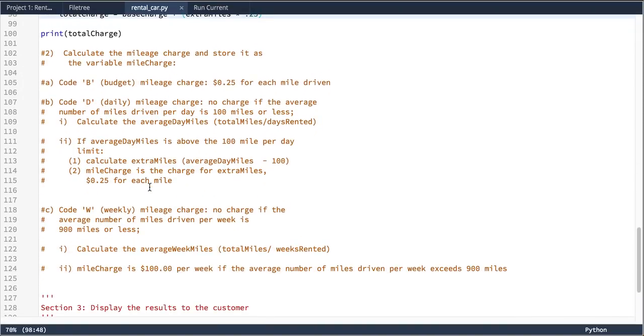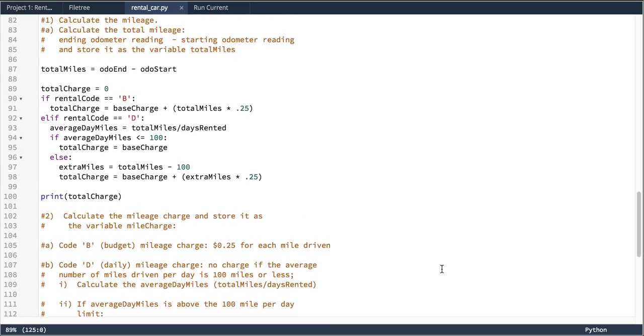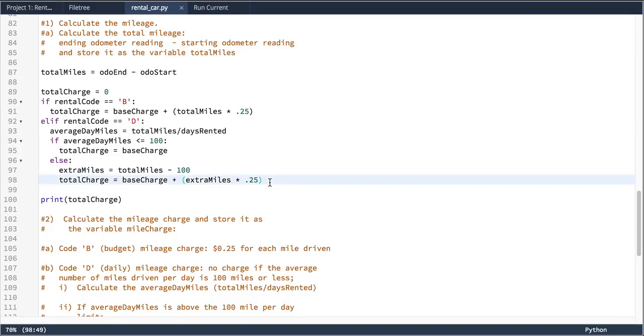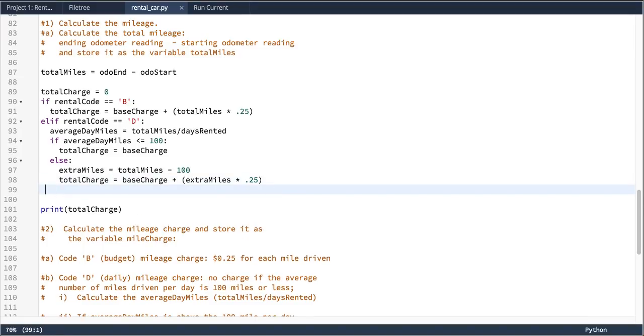Now finally, we have the weekly mileage. There's no charge if the average number of miles driven per week is 900 miles or less. Otherwise, we have to have the average weekly miles calculated, and the mileage charge is $100 per week if the average number of miles driven exceeds 900 miles. So this is going to be our final statement. This is LF.